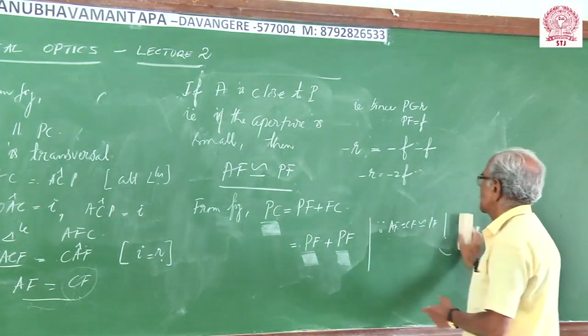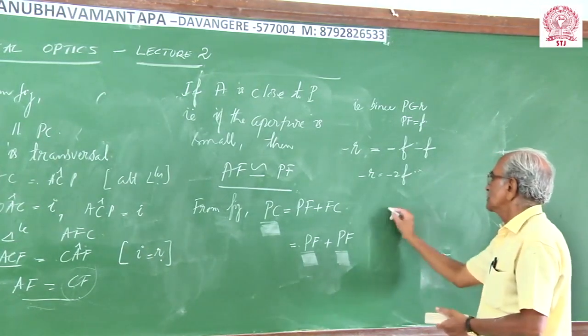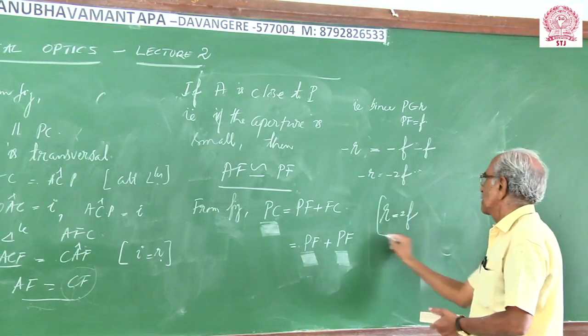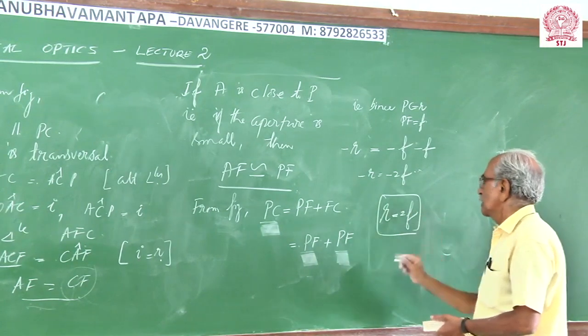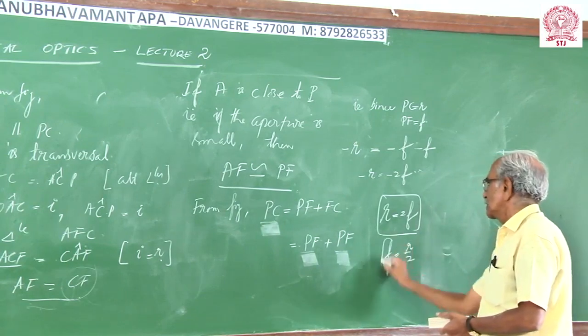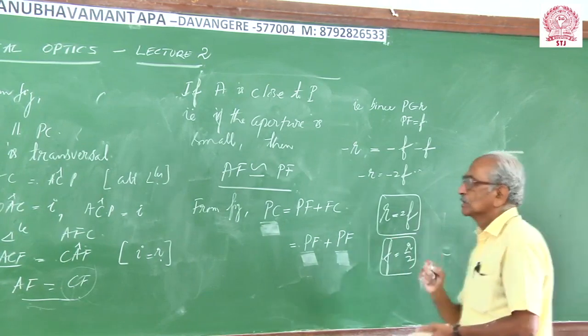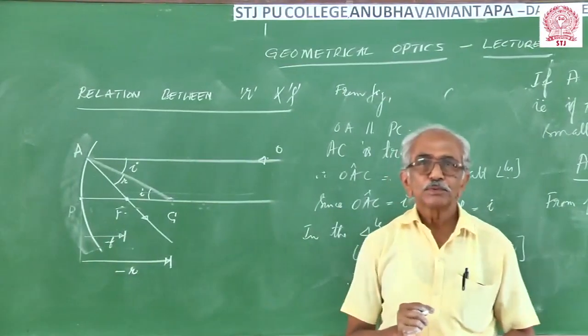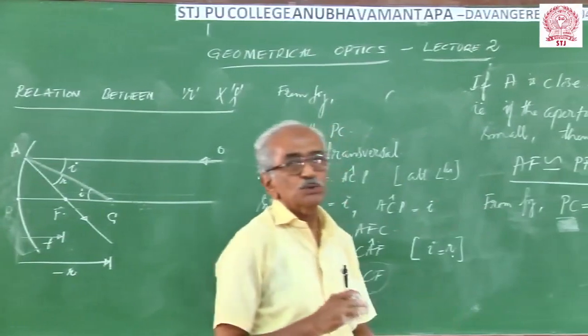In other words, R is 2F, or F is R by 2. So that is the relation between R and F. Now that can be true for the other mirror also.